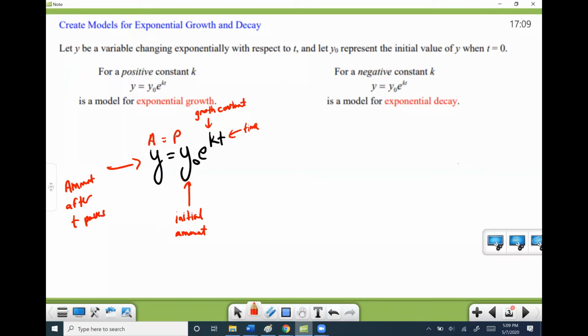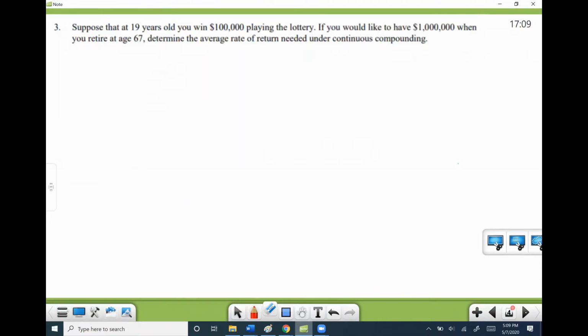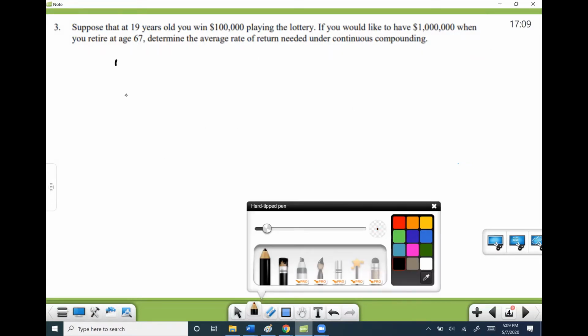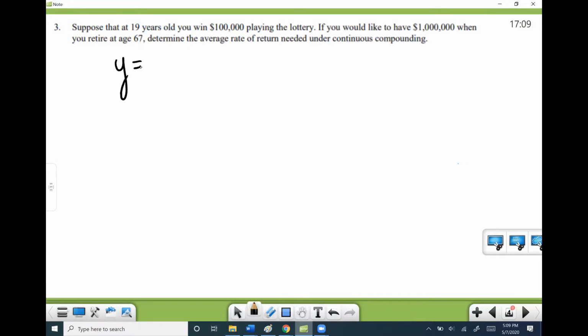The principal is the initial amount. The growth constant would be your rate, etc. Okay, so this has so many applications, you guys. And all this is saying right here is if K is negative, then it's decay. If K is positive, then it's growth. Okay, so that's all we need to take from that. Okay, I'm going to write that formula down really quickly. Oh no. I might as well write PERT.